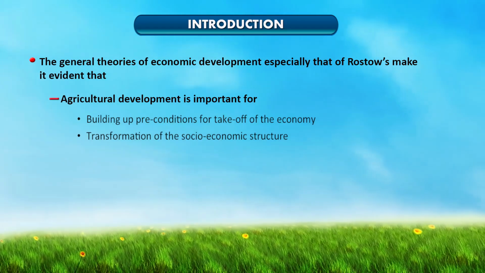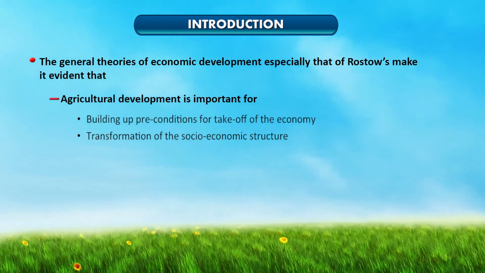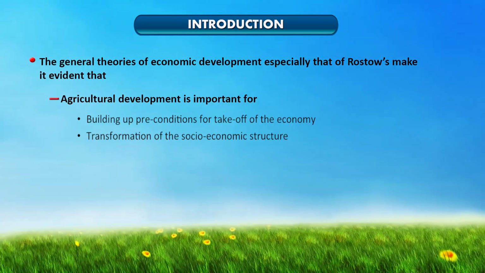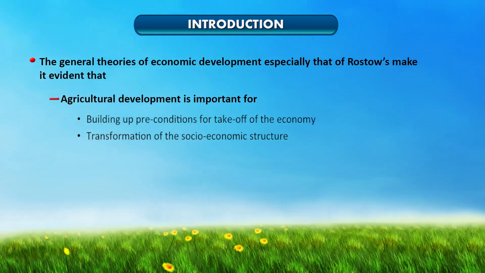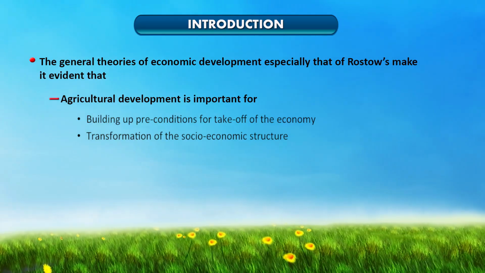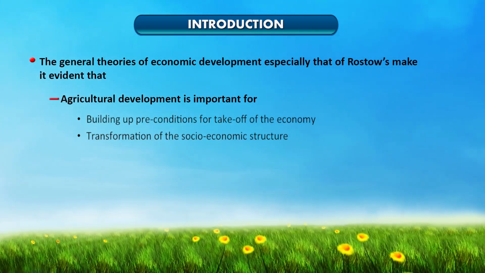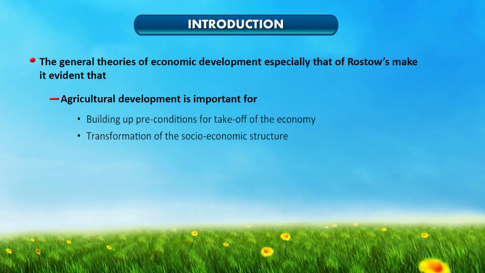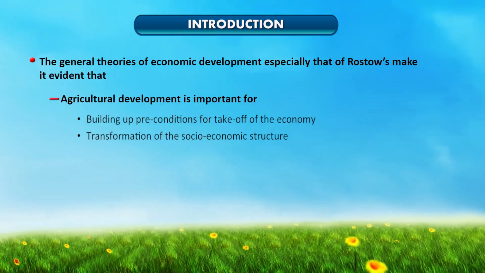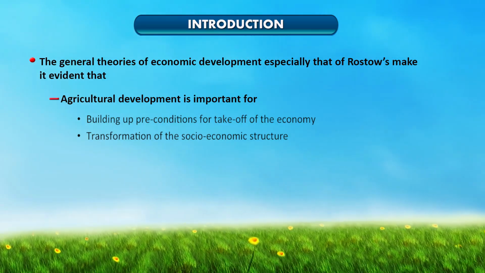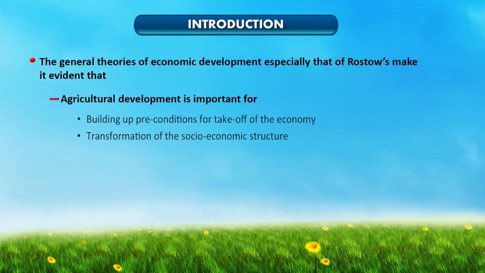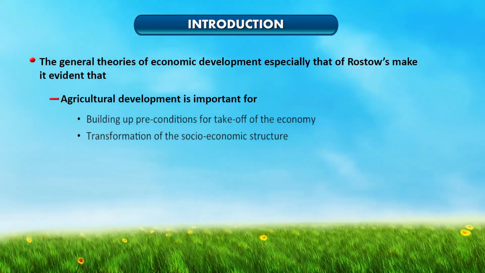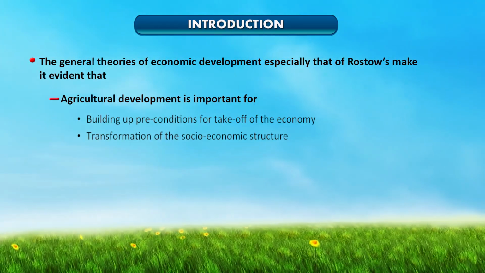In the general theory of economic development, we know that the Rostow theory makes it very clear that agriculture development is important for the start of economic activity and for the development of other sectors, because agriculture development helps in building up the preconditions for the takeoff of the economy, and helps in the transformation of the socio-economic structure of the country.